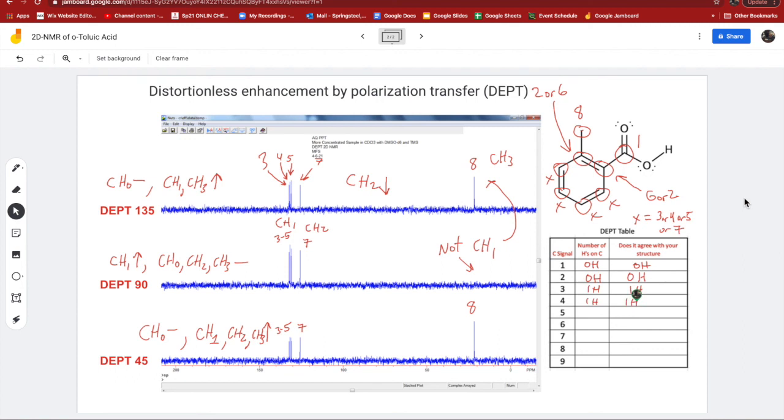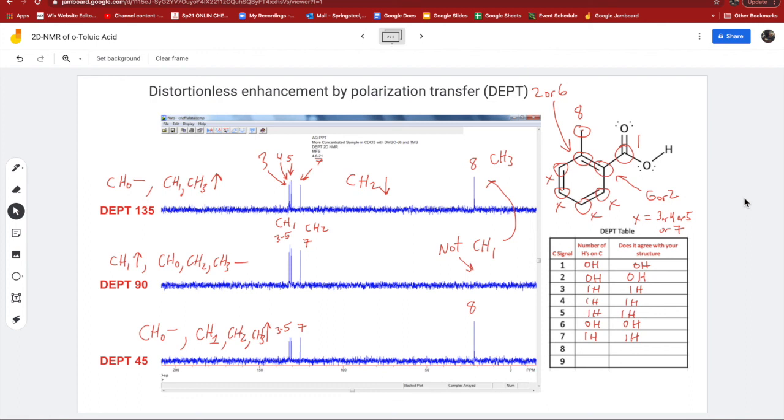Signal 5, also one of the X's, one H, it looks good. Signal 6 is missing. So signal 6 looks like it's 0 hydrogens. And on our spectra, I'm predicting that one to be signal 6, 0 hydrogens. So it's looking perfect. And then signal 7 is a CH. So one hydrogen, and we predict it to be one hydrogen too, because we predicted it in here to be one of these CHs.